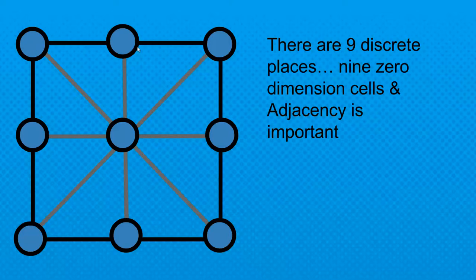There's zero-dimensional cells because basically I can just put it in the one spot. It doesn't really need to move around. And adjacency is important. So if this is next to this is next to this is important, right? So if I put my X there in a video game, it should probably just snap there or just count as if it's right there. So that's one way to look at tic-tac-toe in a video game.